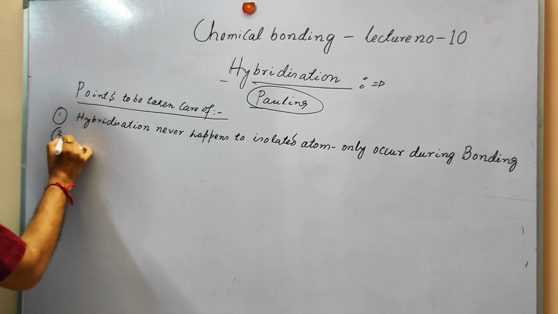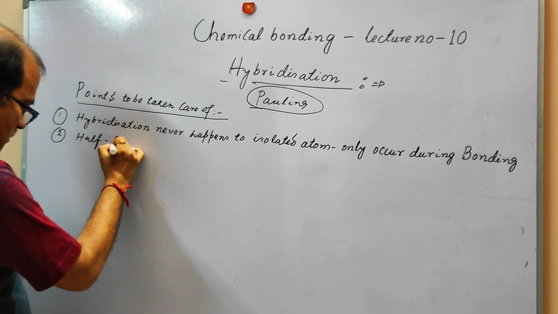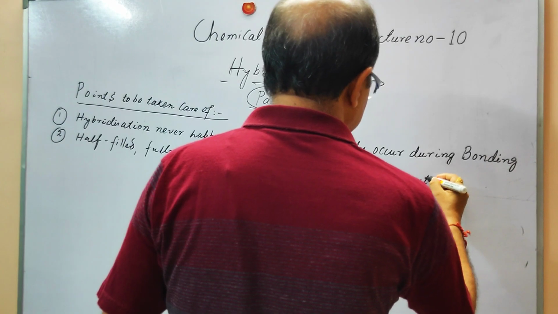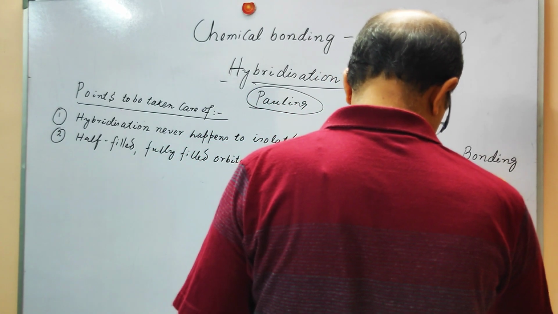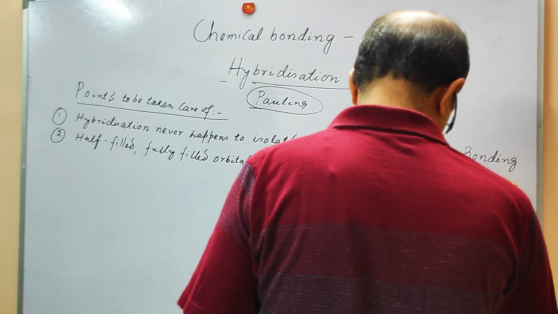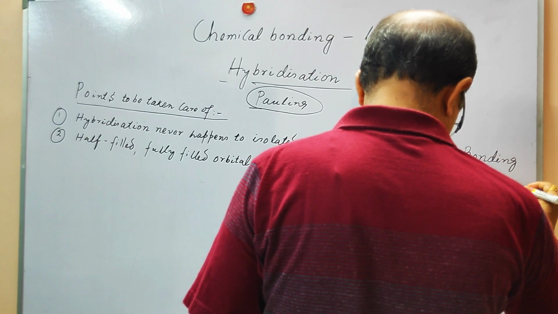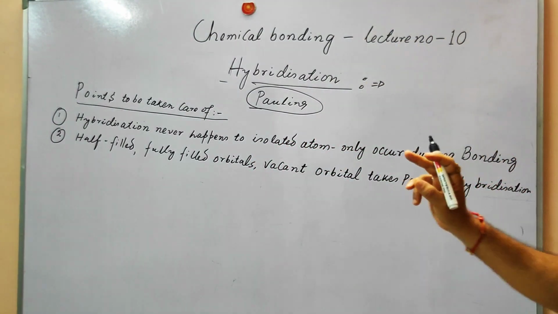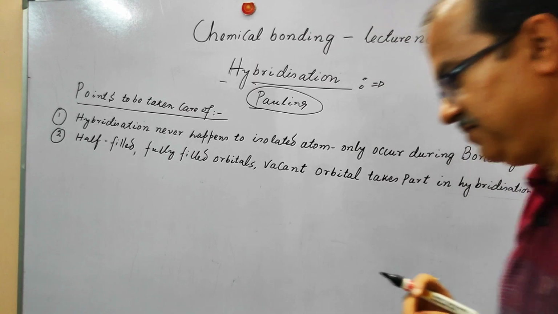Second point, half-filled, fully filled or vacant orbitals can take part in hybridization.